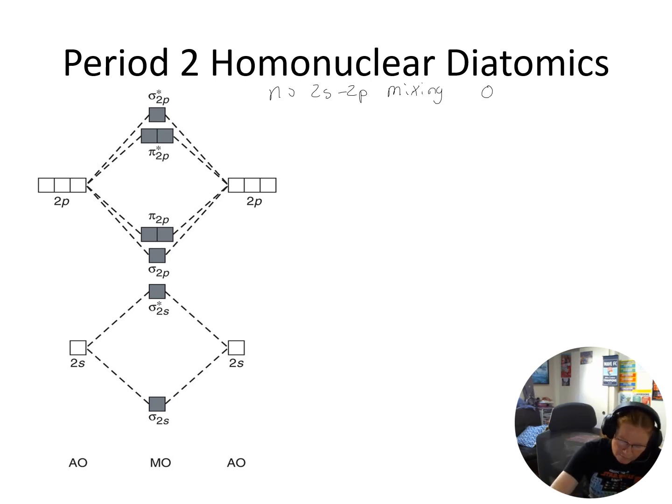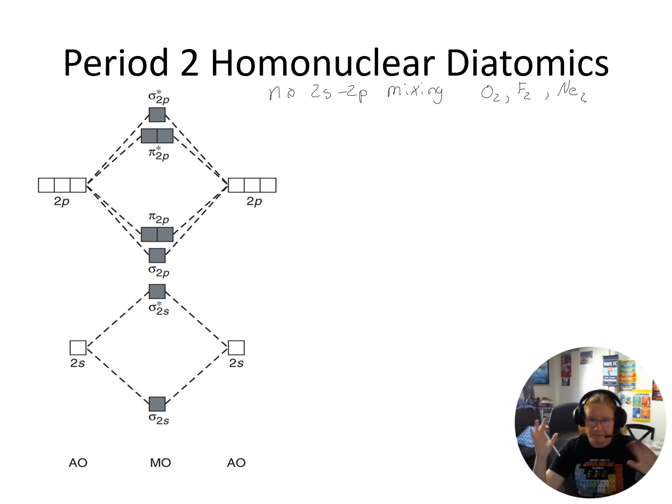This is going to be for oxygen, fluorine, and neon. For those 3 diatomic molecules, we get no 2s, 2p mixing, so this is the diagram that we see. No mixing there. We go sigma 2p, pi 2p, pi star 2p, sigma star 2p.